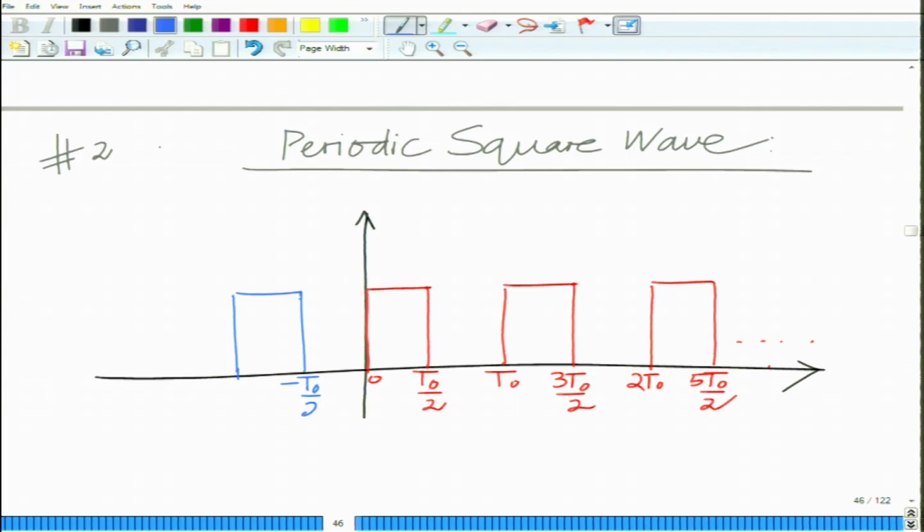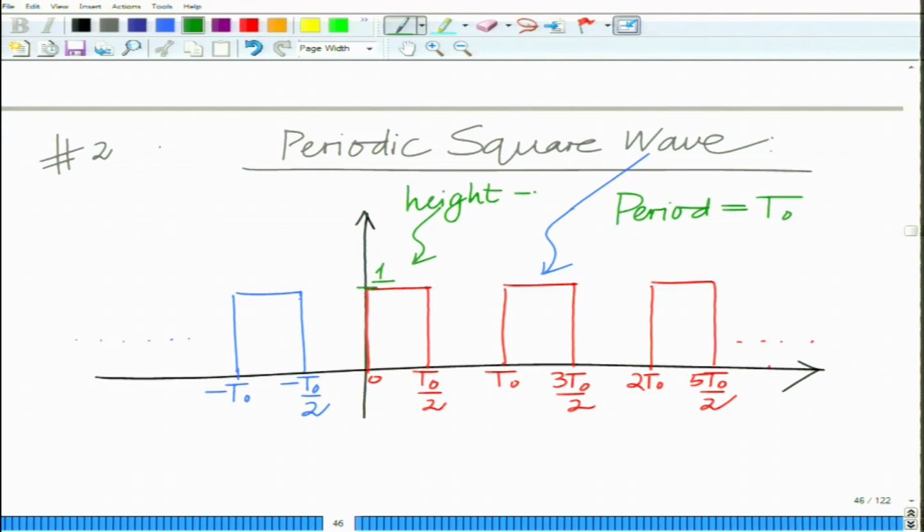So, this is minus T naught over 2. So, this is your periodic square wave, correct. This is your periodic square wave, and the time period here equals T naught, and let us say the height of each square pulse, or the peak amplitude of each square pulse, is 1.